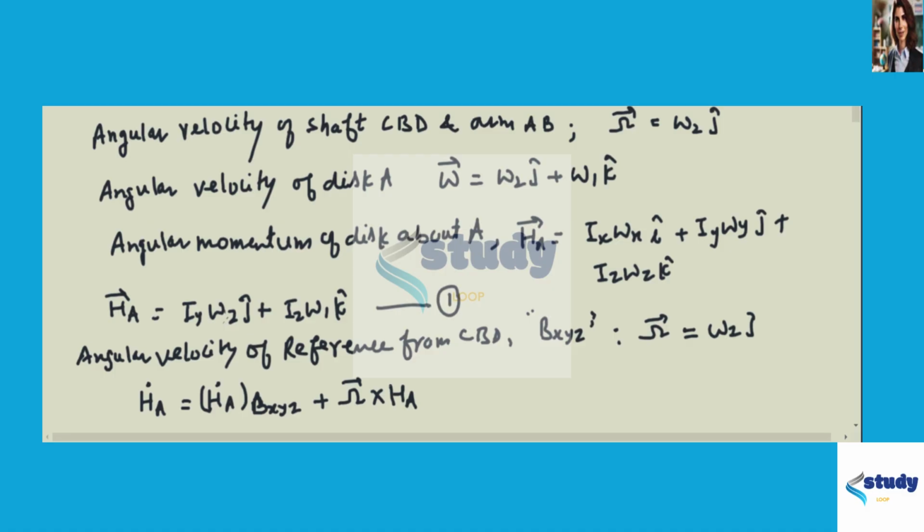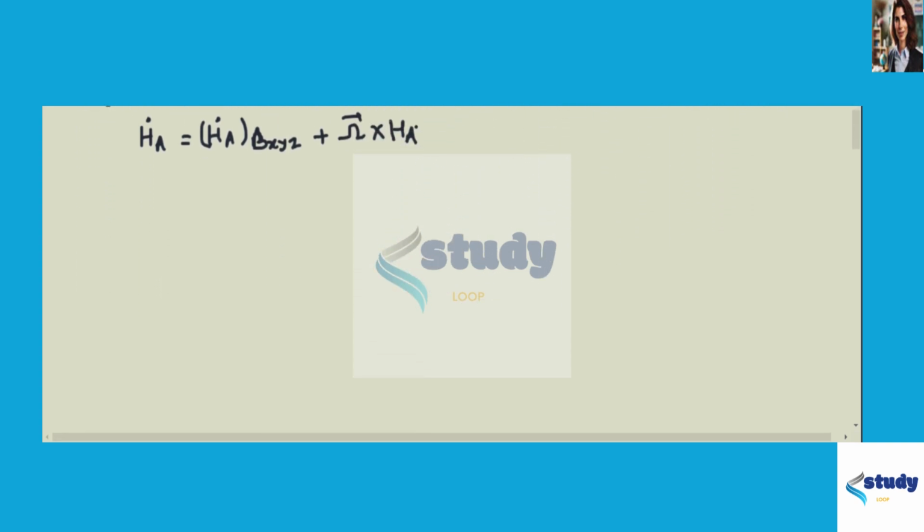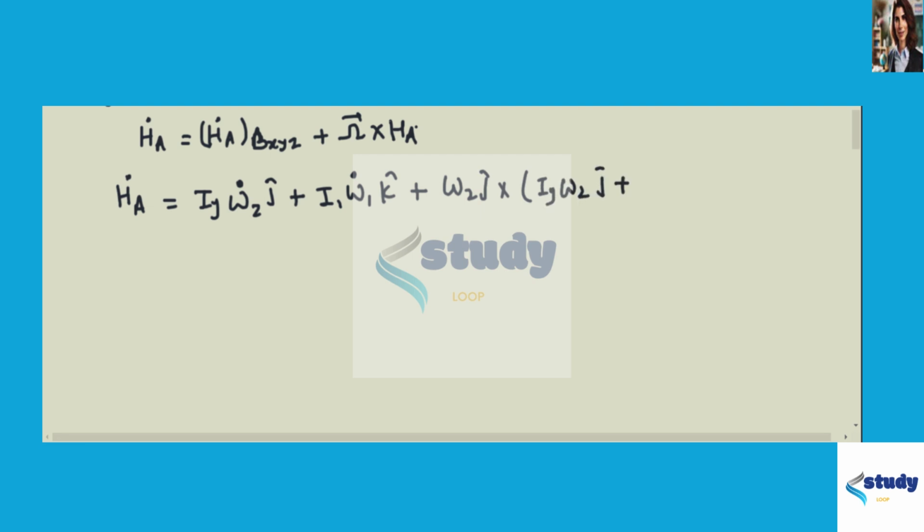Substituting the values, we can write Iy rate of change of omega 2 j cap plus Iz rate of change of omega 1 k cap, plus omega 2 j cap cross Iy omega 2 j cap plus Iz omega 1 k cap.